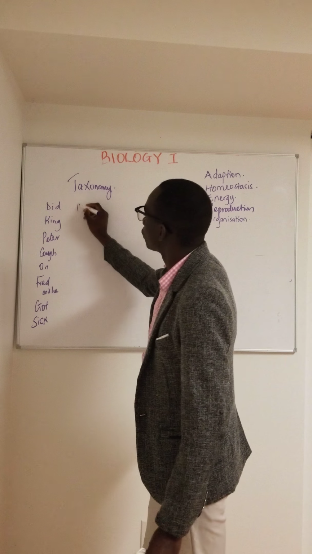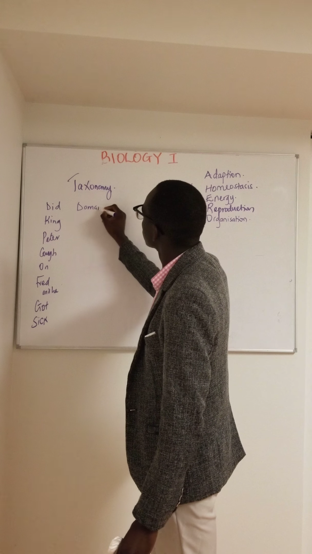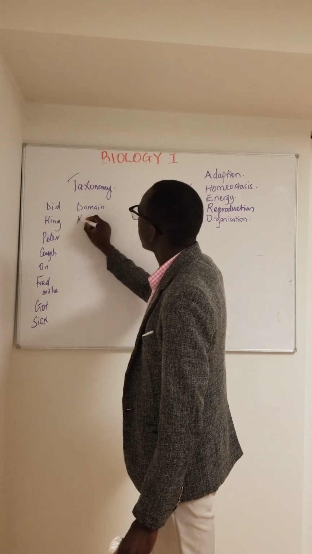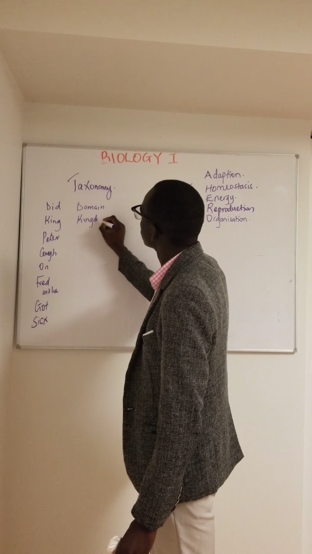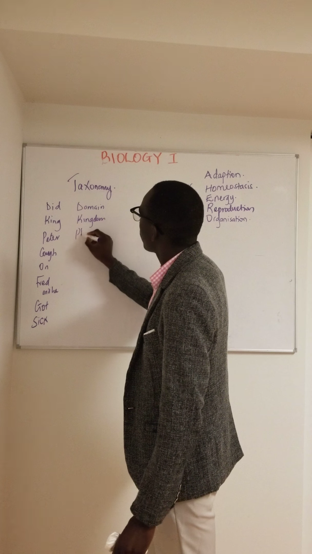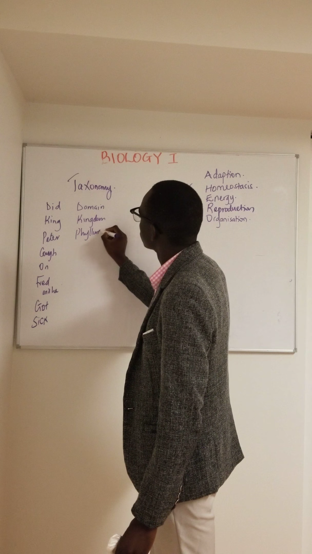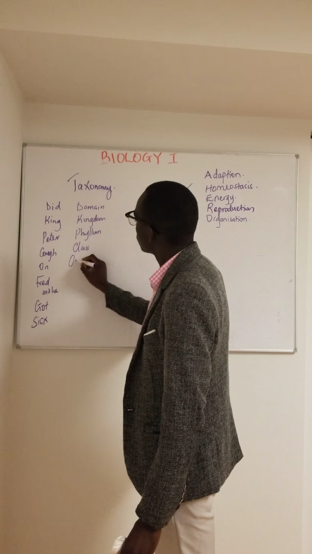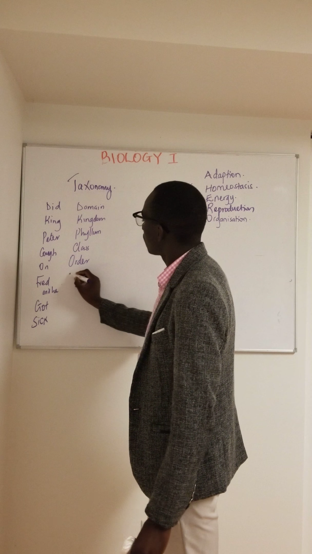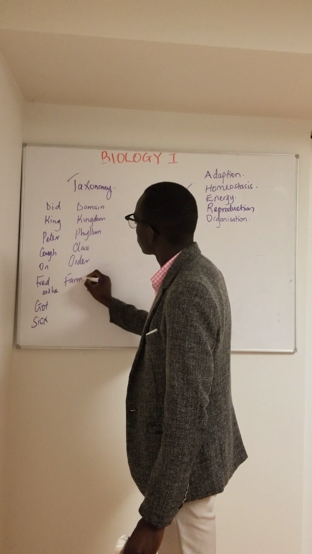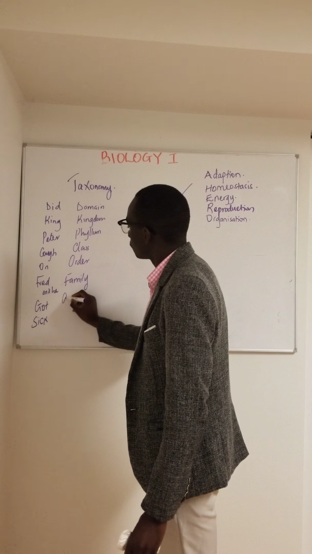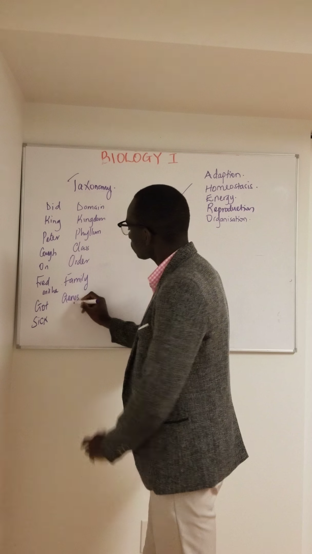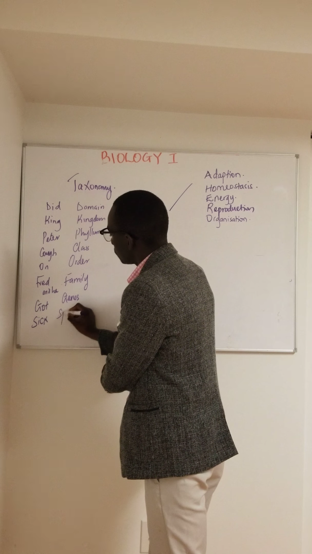So D is for domain, and K is for kingdom, P is for phylum, C is for class, and O is for order, F is for family, G is for genus, and lastly S is for species.